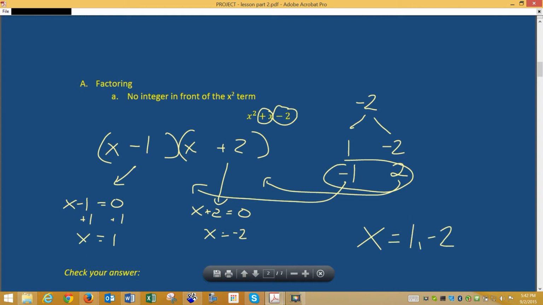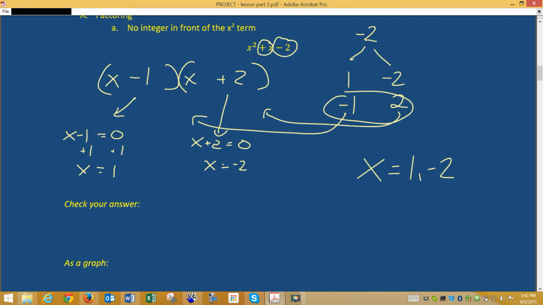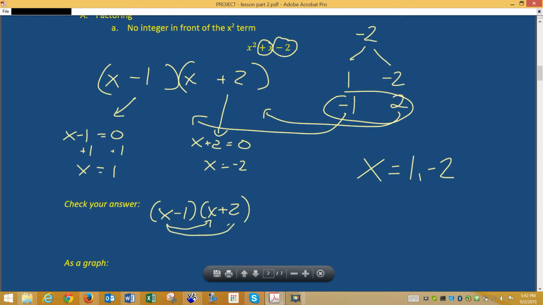And a great thing about factoring is that we can check our work. So in this case, we can take our 2 sets of brackets, x minus 1 and x plus 2, multiply those out, and as long as it gives us our original equation, then we did our work correctly. So let's look at this. We're going to have x times x, x times +2, -1 times x, and -1 times +2.